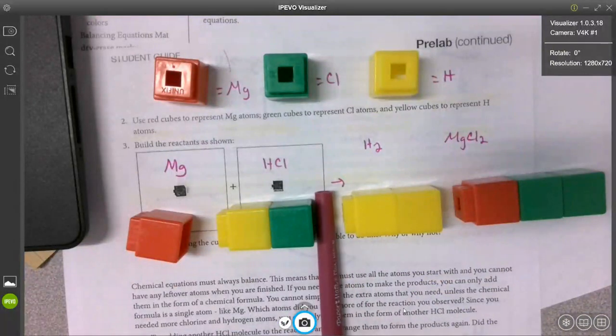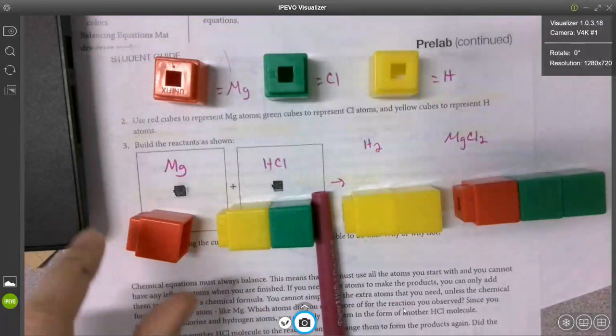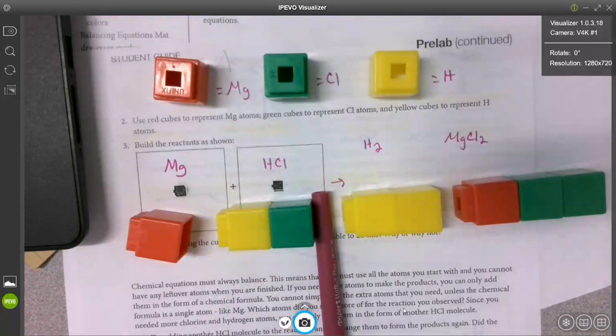My pen here is going to kind of help represent the arrow. When you're balancing a reaction, sometimes the RAP table, the more mathematical version, works better. But for a lot of us, having a visual works 10 times better. And so we'll match.